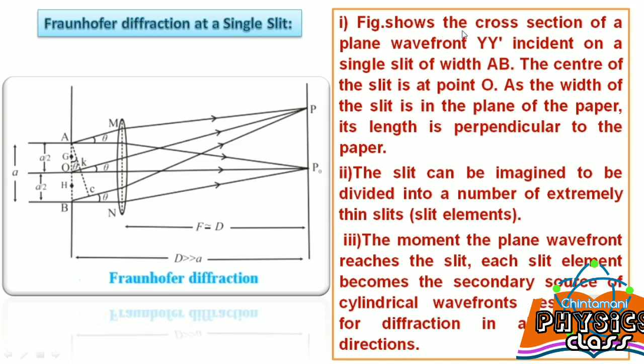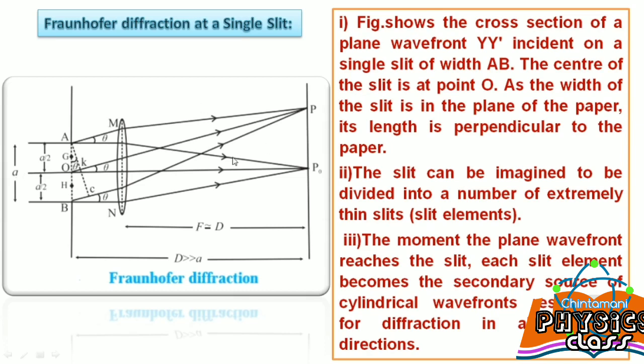Here the figure shows the cross section of a plane wavefront incident on a single slit of width AB. Here AB is the slit, with its width represented by small a.